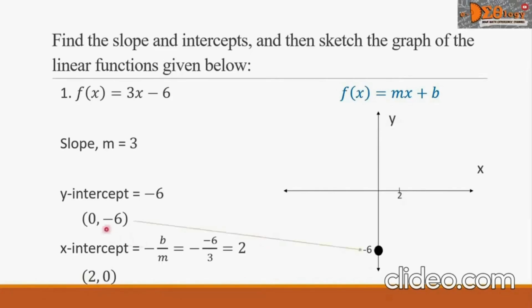First is 0, negative 6, that is the point, followed by 2, 0, that is the point. And then we will connect the two points, and this is now the line f of x equals 3x minus 6. This is our final answer.